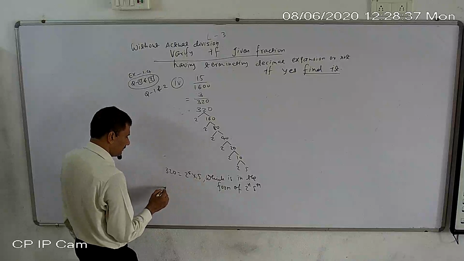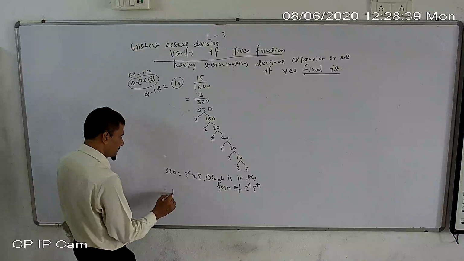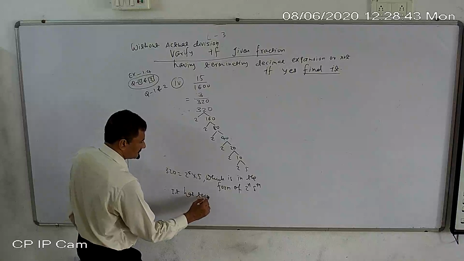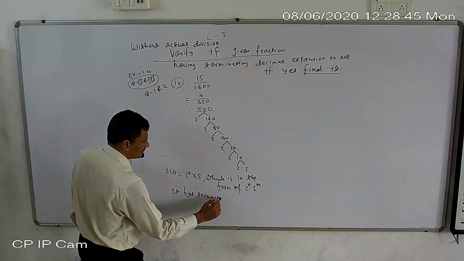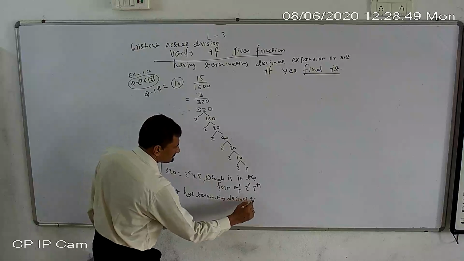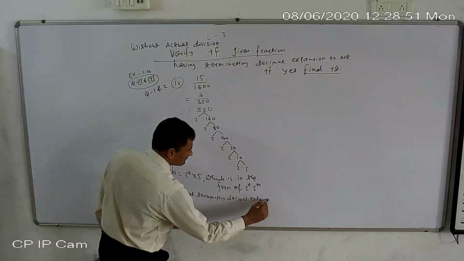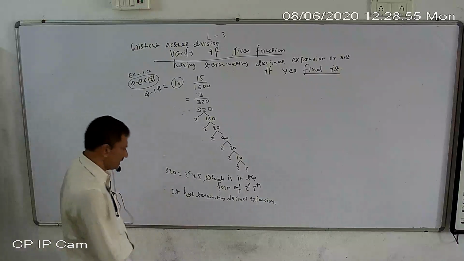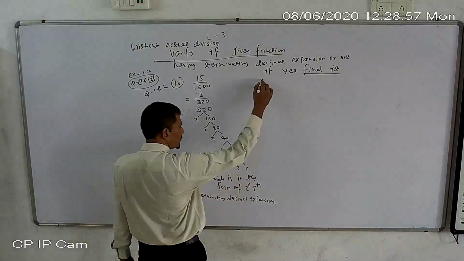So give the answer as yes, therefore it has a terminating decimal expansion. Now it is a terminating decimal expansion, so we have to find it.